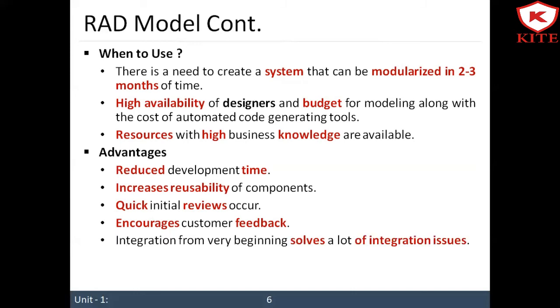Next is integration from the very beginning solves a lot of integration issues. Here we are integrating the first increment on the client's computer, so we can solve the integration complexity problem from very early.